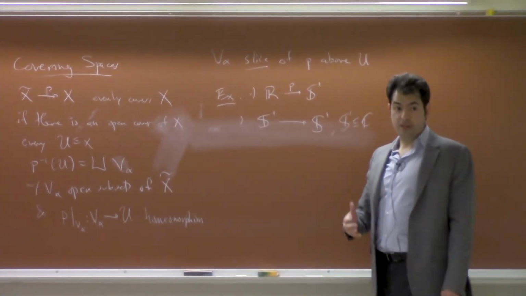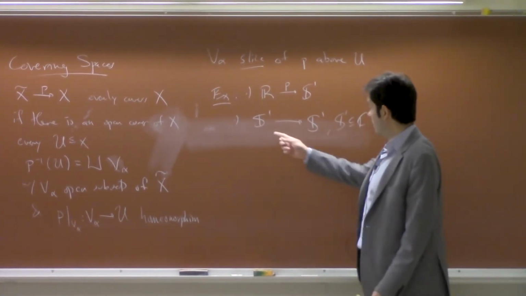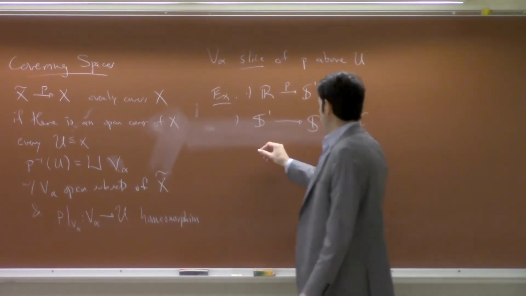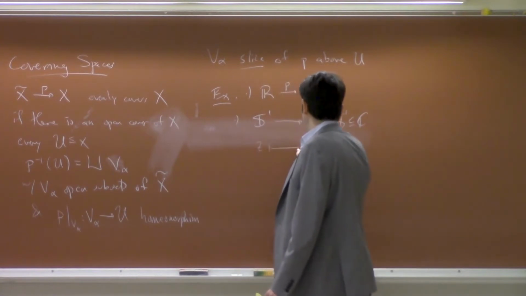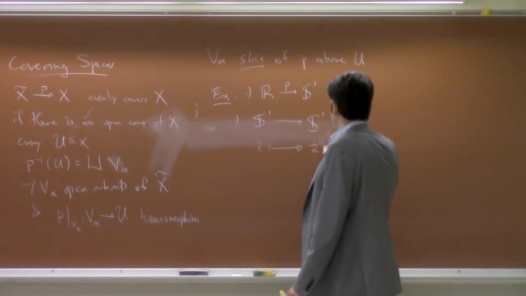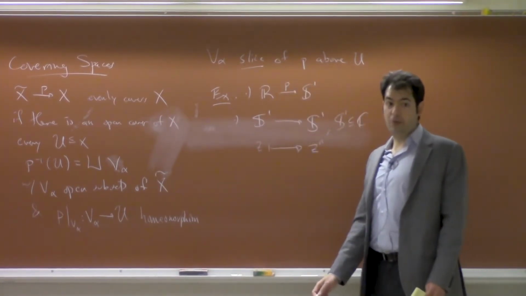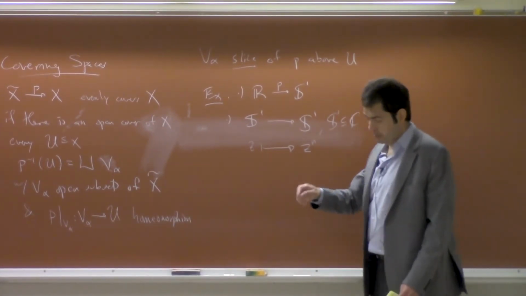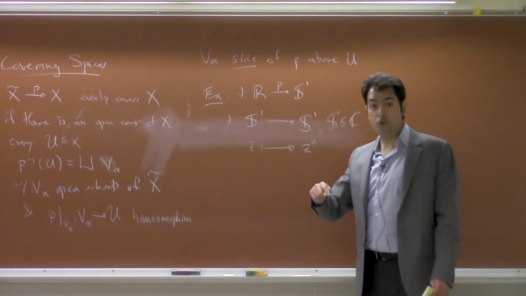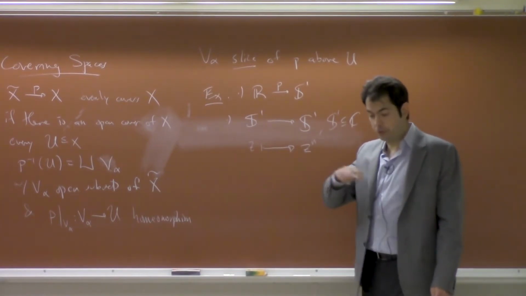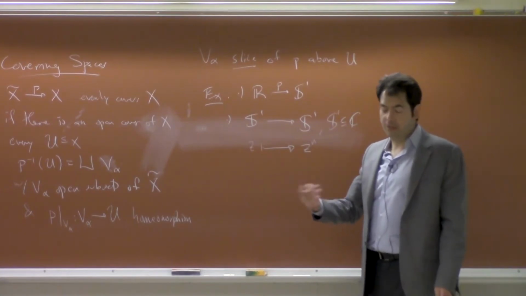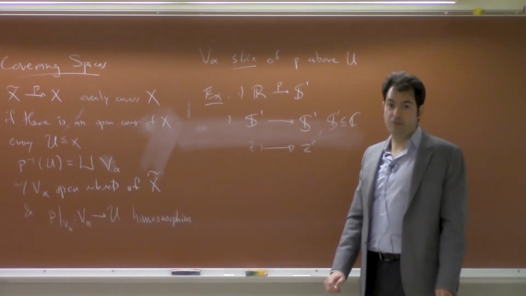So these are the complex numbers of modulus 1. And then you want to map the circle to itself by just raising a complex number to the nth power. So in terms of how we were thinking about the circle in R2, this, of course, is just going around the circle n times, either clockwise if n is negative, or counterclockwise if n is positive.